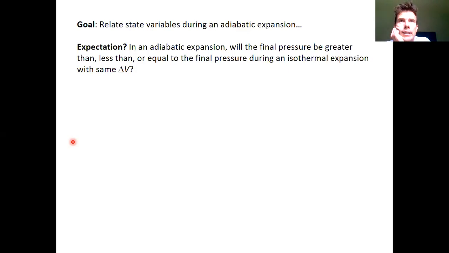Will the final pressure be lower in an adiabatic expansion compared to an isothermal expansion? Pause it for a second here and think about that. Will the pressure be greater than, less than, or equal to the final pressure in an isothermal expansion? I'll see you in a second.